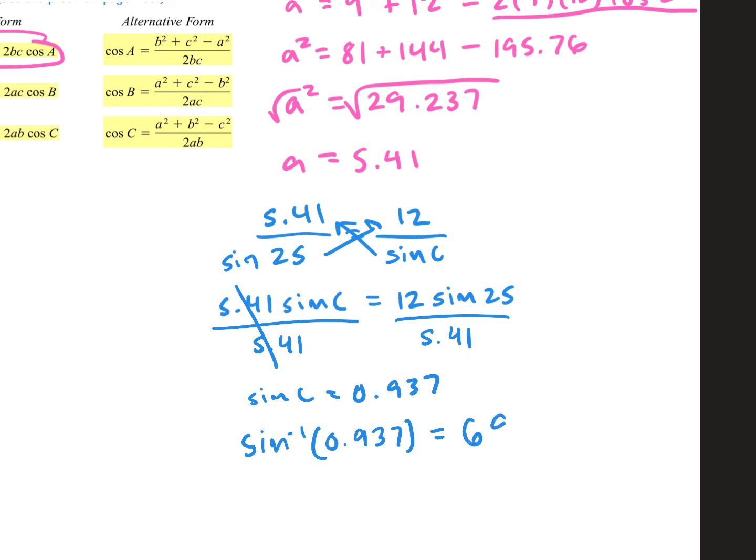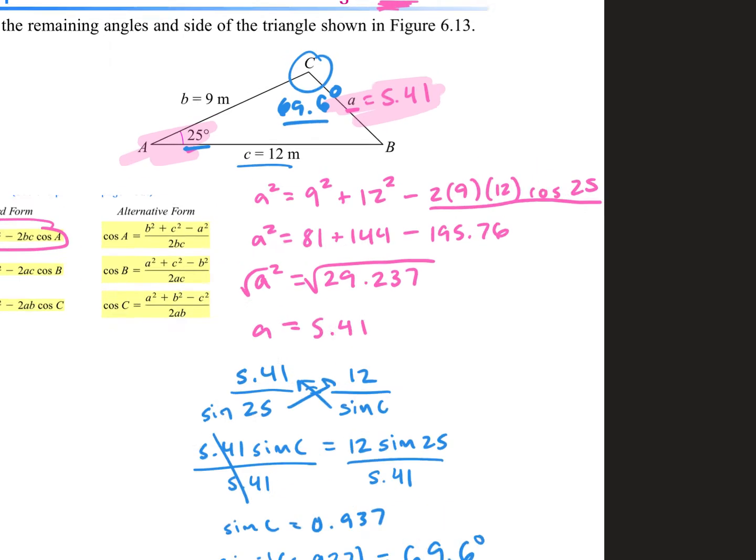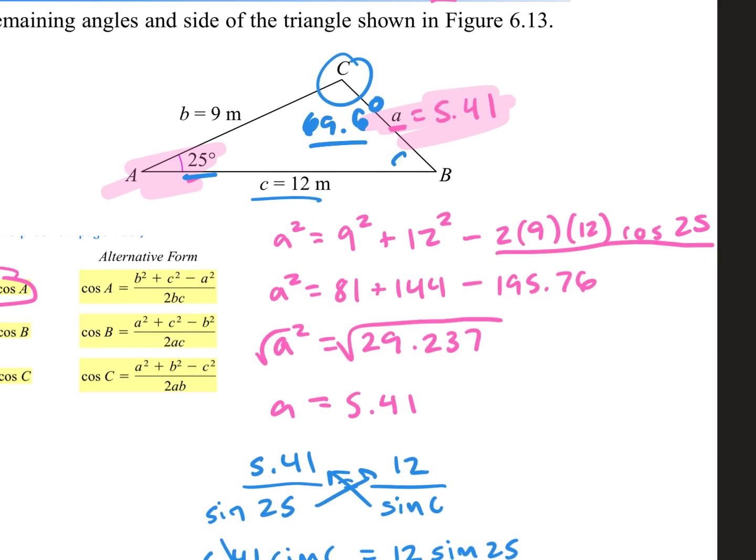So I got 69.6 degrees. If I add these two and subtract from 180, so if I did it this way, I would get 85 degrees, 85.4 for B.